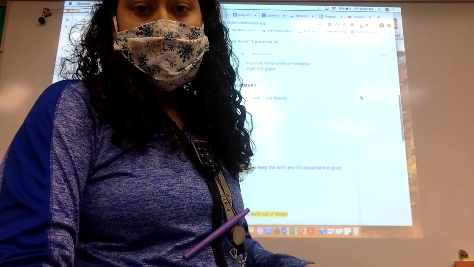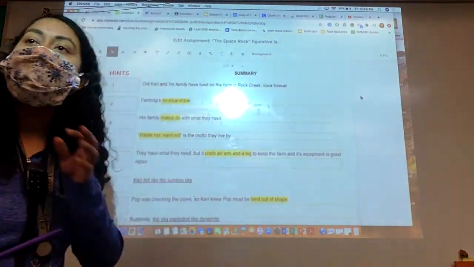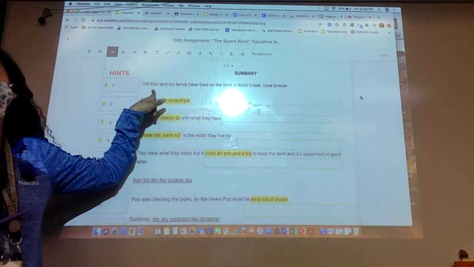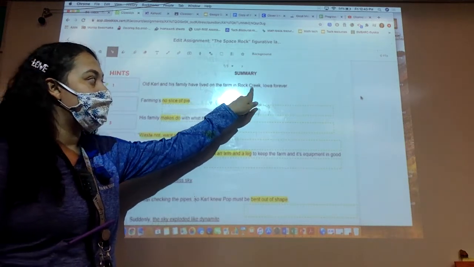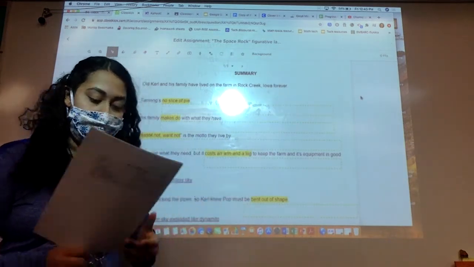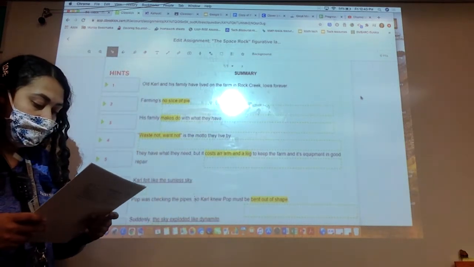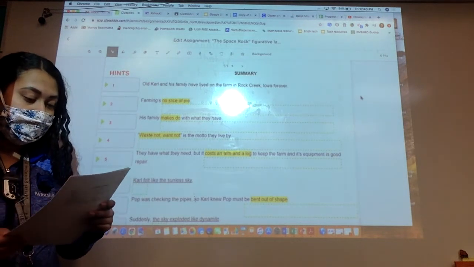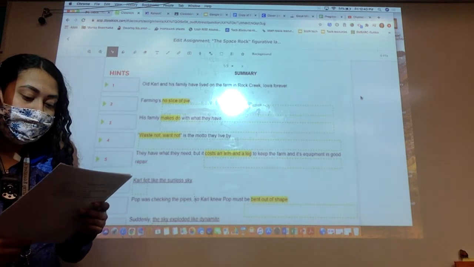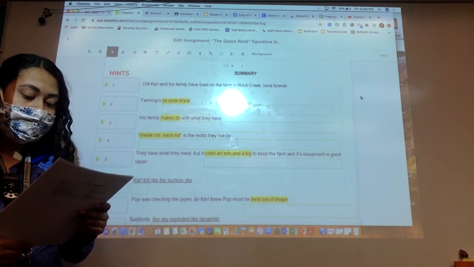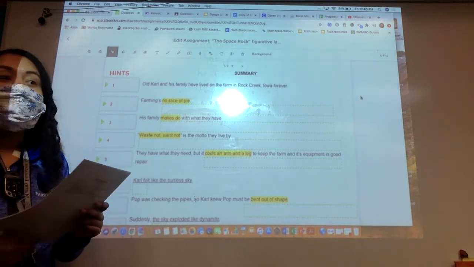Okay, scrolling down to the summary. Ready? Old Carl and his family have lived on the farm in Rock Creek, Iowa forever. Okay, let's stop right there. Are there any idioms, similes, metaphors, or hyperboles?